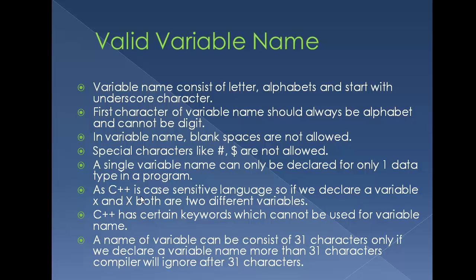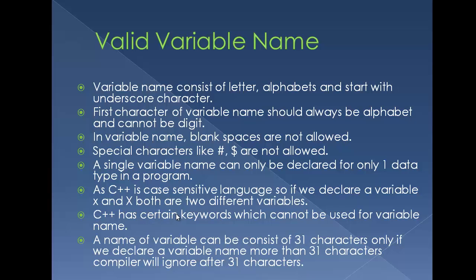As C++ is a case sensitive language, we can declare a variable name x and capital X, but these are two different variables. C++ has reserved keywords which cannot be used as variable names, like int, return, main.